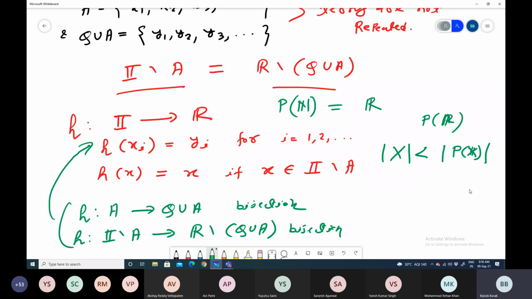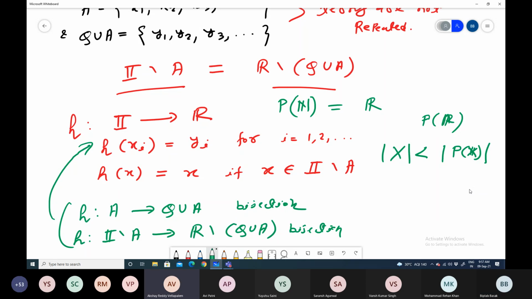Again you apply the power set, and you will get another set which has higher cardinality. In that way, the stages of infinity are infinite. In fact, you can get an infinite number of uncountable sets, all of different cardinality. So you are getting a sequence of uncountable sets which have different cardinality.